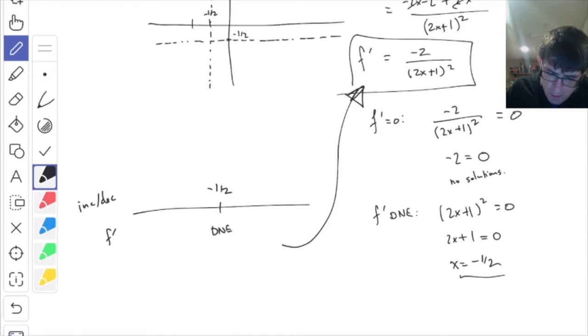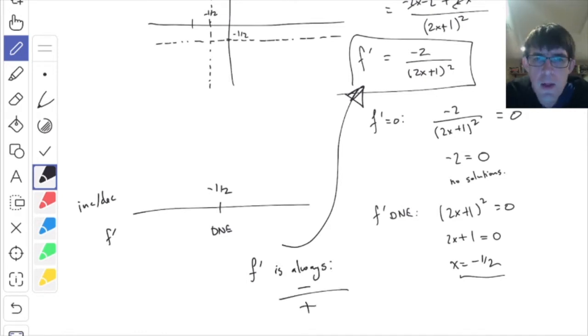Would you agree with me that f prime is always, no matter what the x is, a negative divided by a positive? That's because the top is negative 2, which is negative, and the bottom is something squared, which will always be positive. And so in this example, you don't even have to choose individual points, although you could if you want to. The derivative is always negative. So I'm going to get negatives over here and negatives over here. All right? Always negative in this example.